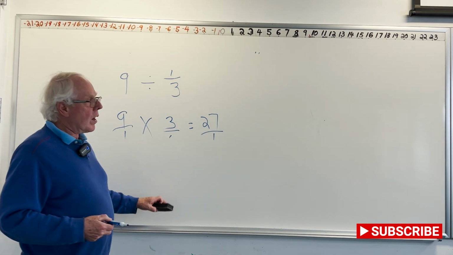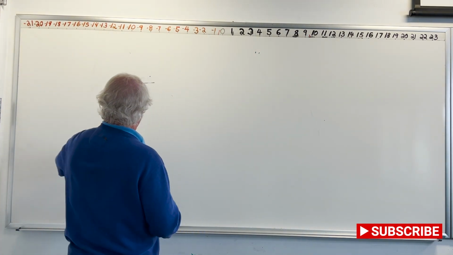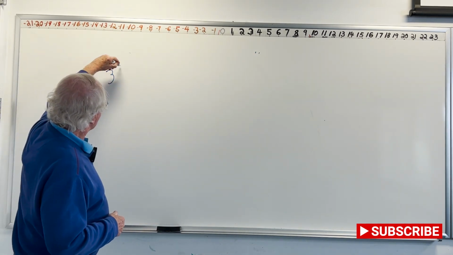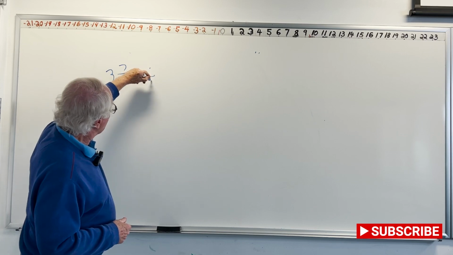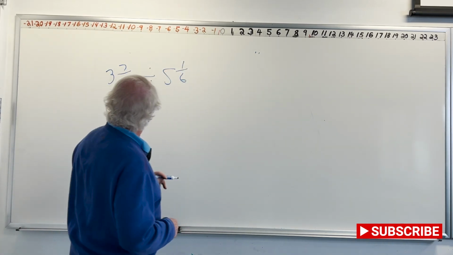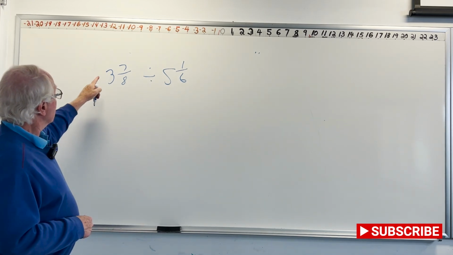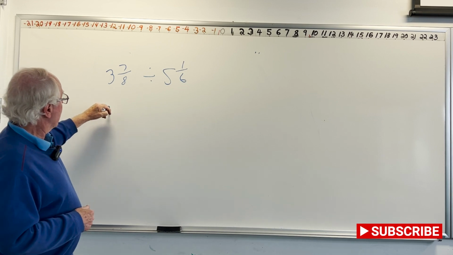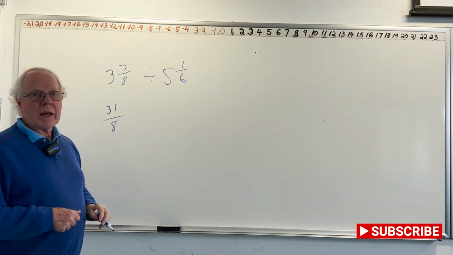All right, our last one has everything. And that is 3 7/8 divided by 5 1/6. Okay, 3 times 8 is 24, plus 7 is 31/8.